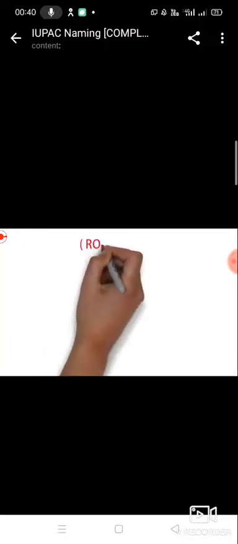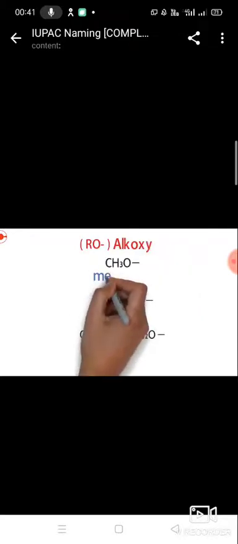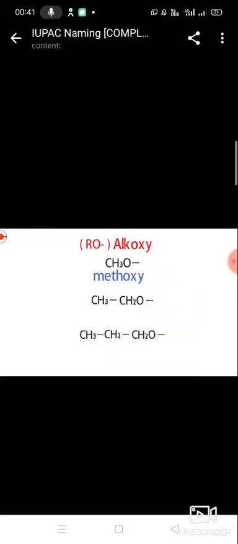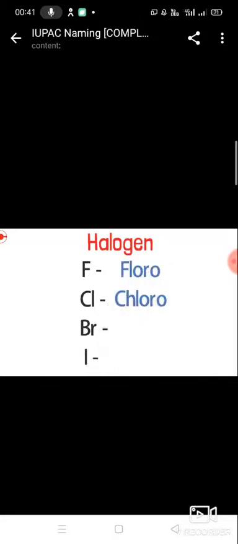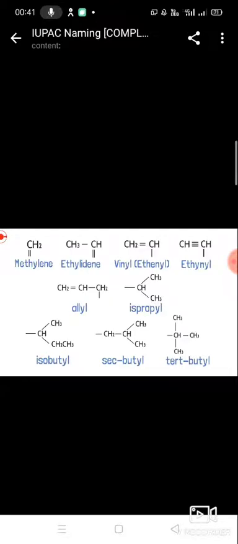If you remove one hydrogen from that, we say it is an alkyl. Alkoxy means oxygen will be there. So CH3O is methoxy, CH3CH2O is ethoxy. If it is halogens, fluorine, chlorine, bromine, iodine, we say fluoro, chloro, bromo, iodo.